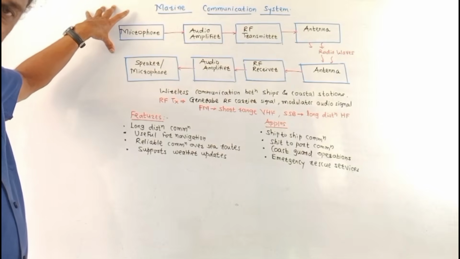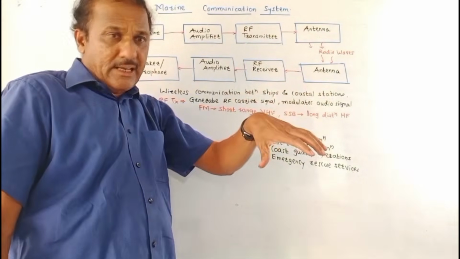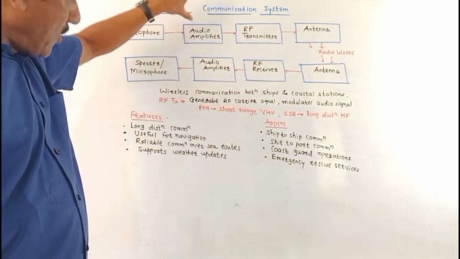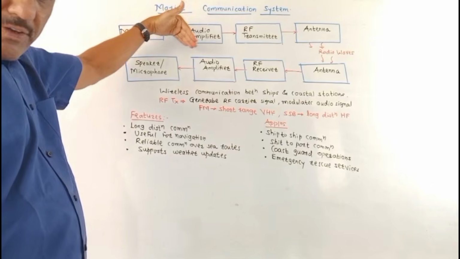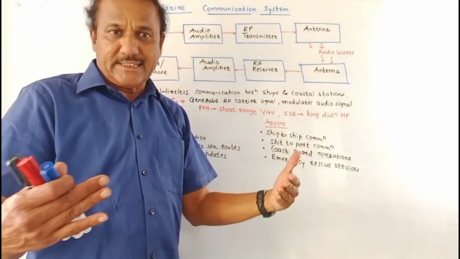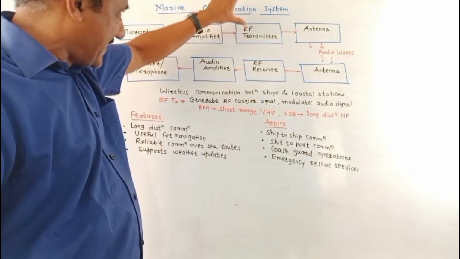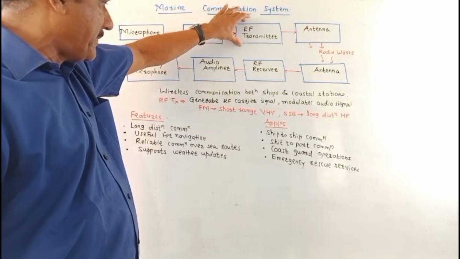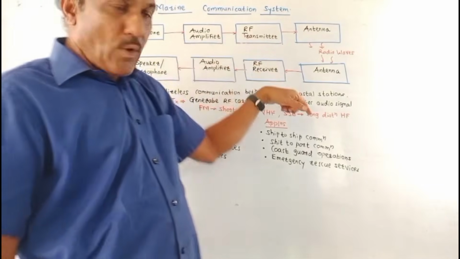Now the block diagram is almost similar. This is the microphone at the input side, which captures the captain's audio signal. Then it is applied to the audio amplifier. As we discussed earlier, the function of the audio amplifier is to boost, to amplify the signal and provide the required strength. Then the RF transmitter is used. In this case, the function of the RF transmitter is to generate the RF carrier signal and provide modulation.